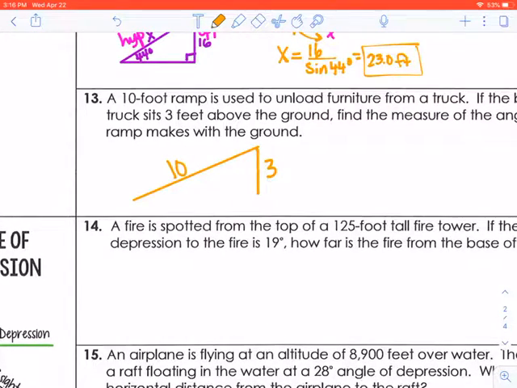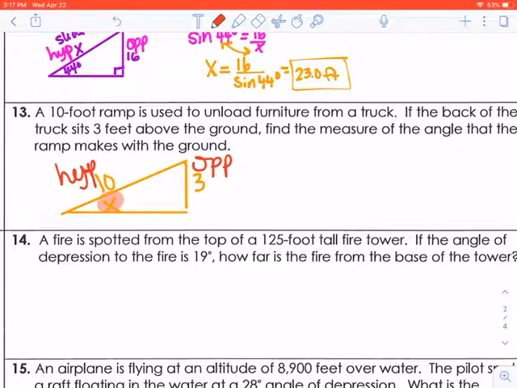So here's the ground, and we want to look for this angle x, theta, you can call it whatever you want. From this angle x, I have 3 as opposite, and 10 as the hypotenuse in my right triangle. They always make a right triangle, by the way.